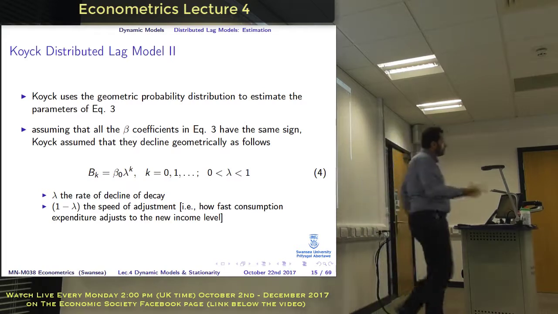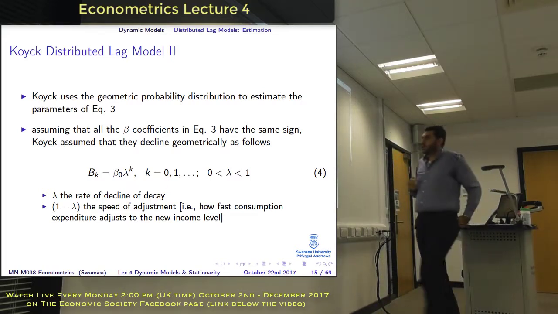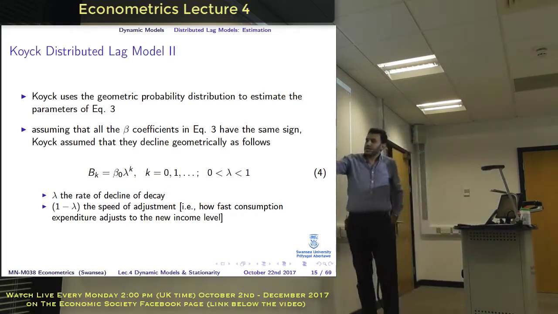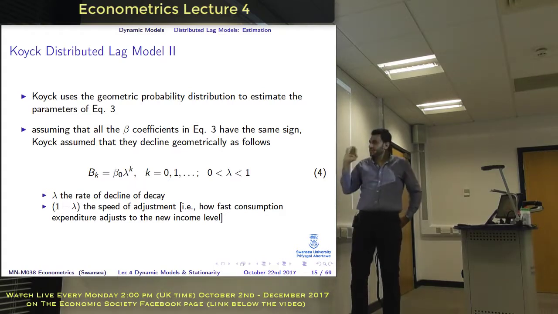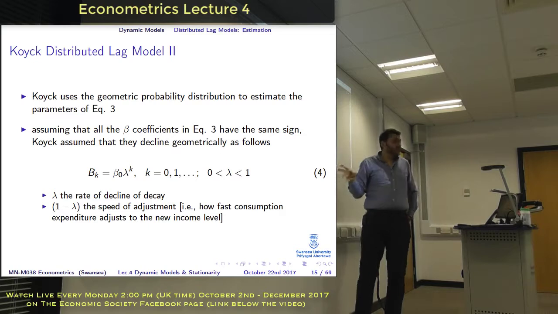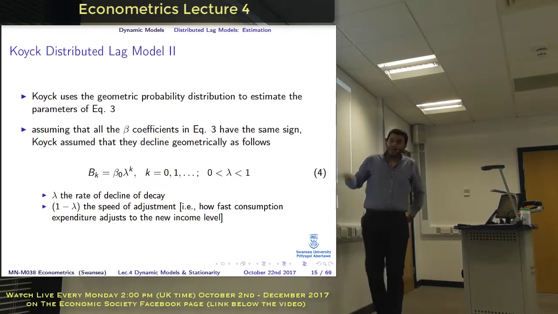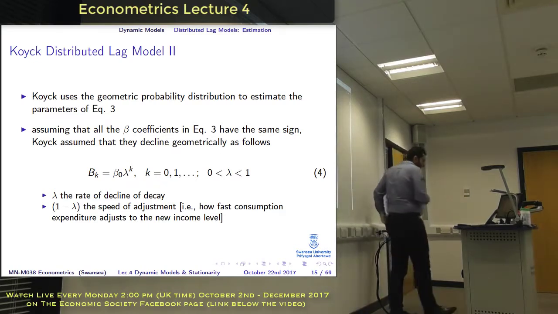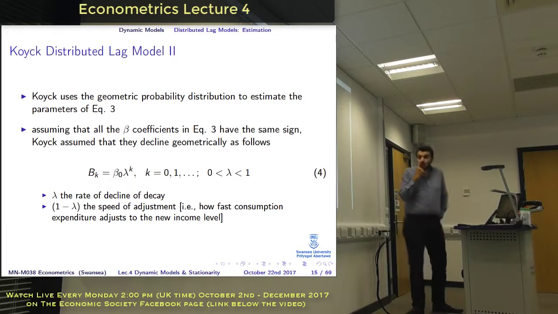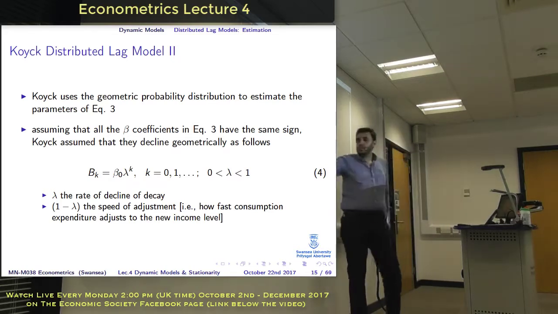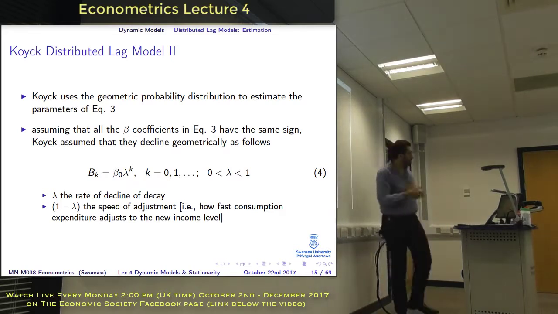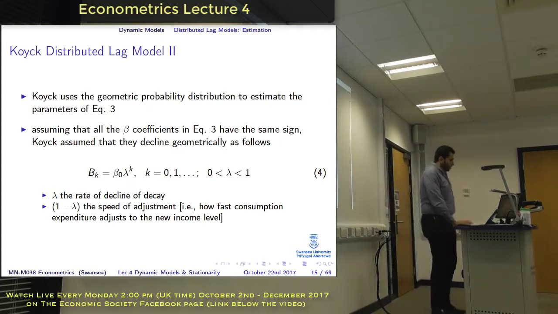Here k is the number of lags you include, and k could go from 0 to infinity. The value of lambda is between 0 and 1, and this is called the rate of decay. And 1 minus lambda determines the speed of adjustment, or how fast consumption expenditures will adjust to the new income level.